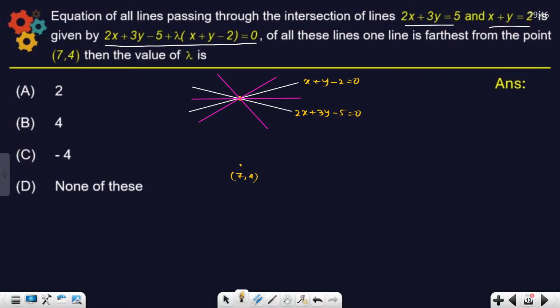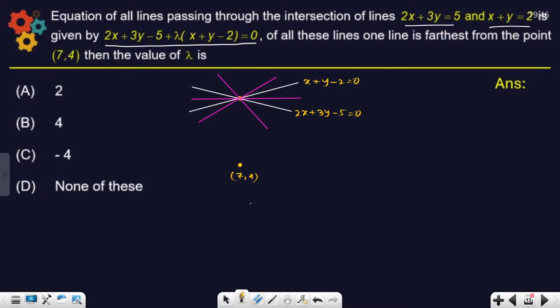What is your idea? Tell me. The farthest line will be that line whose perpendicular distance from this point to that line is largest.